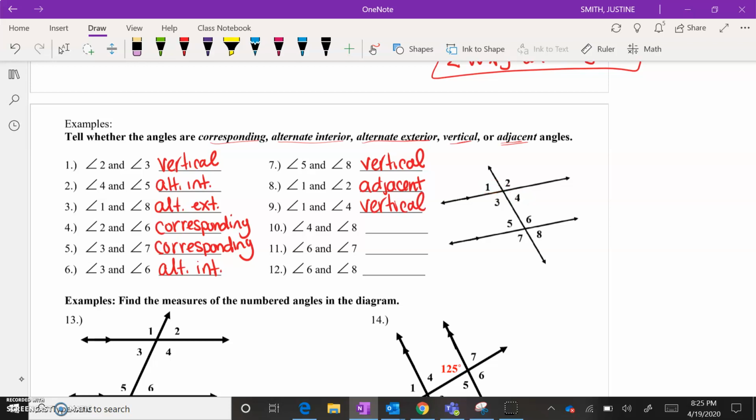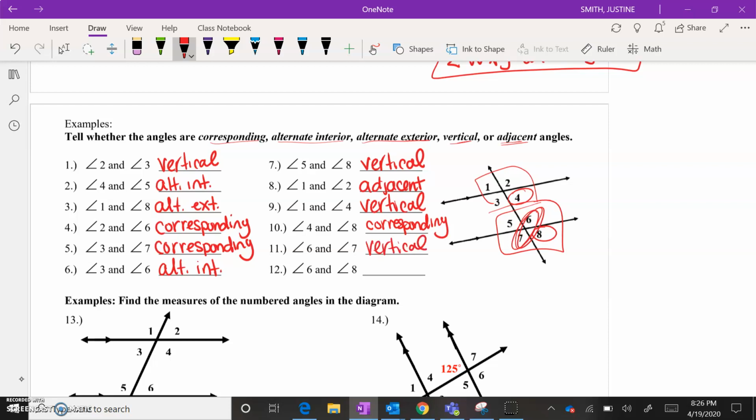Angle 4 and angle 8 would, again, share the same position if we put the top 4 and the bottom 4 angles. So these would be corresponding. Angle 6 and angle 7 are opposite of each other, so they're vertical.